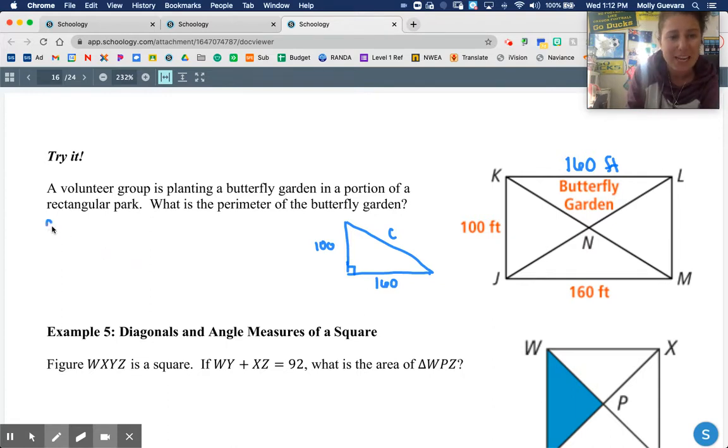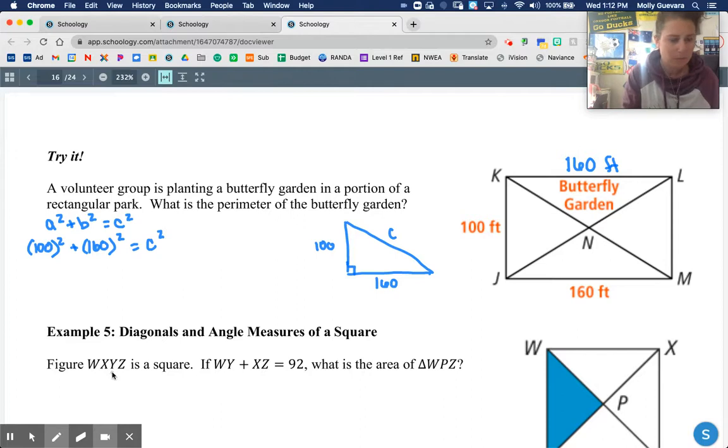So again, I'm going to use my Pythagorean theorem, keeping in mind that C is always the side across from the right angle. So I'm going to say A is 100, but you could also say A is 160. It doesn't matter. Plus 160 squared equals C squared.